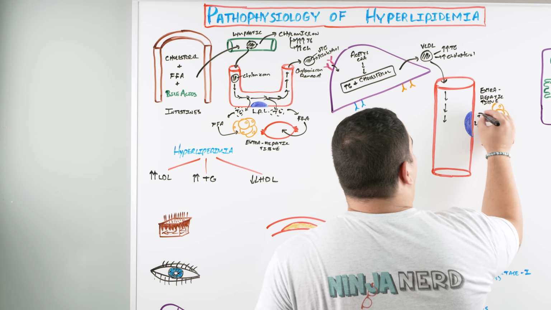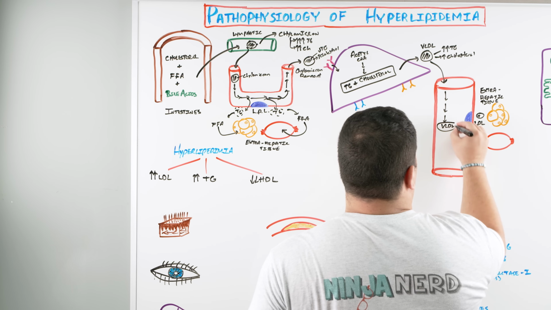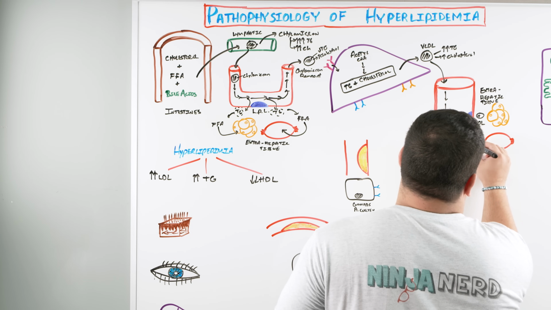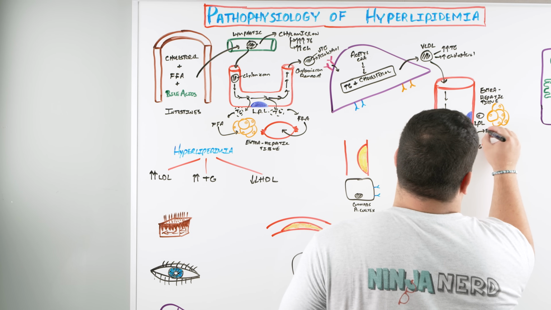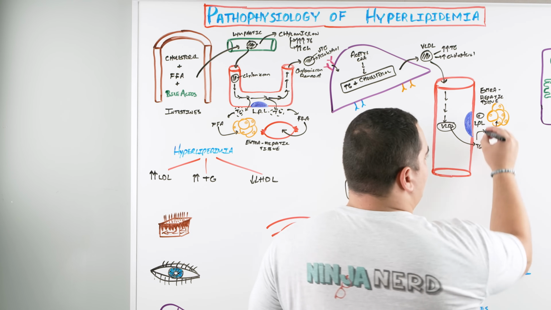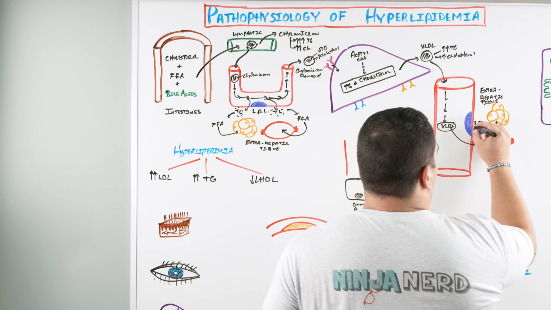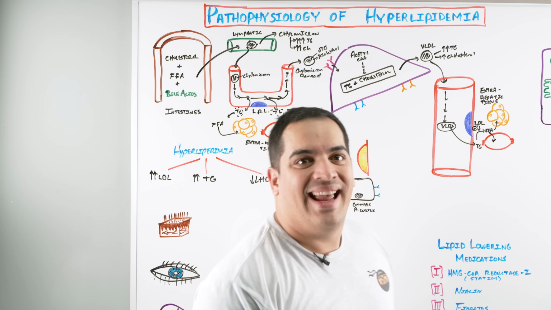When activated, it'll take the VLDL molecules and rip out tons of triglycerides and convert them into free fatty acids that get taken up to the adipose tissue and stored as triglycerides, or taken up into the skeletal muscles and utilized to generate ATP.